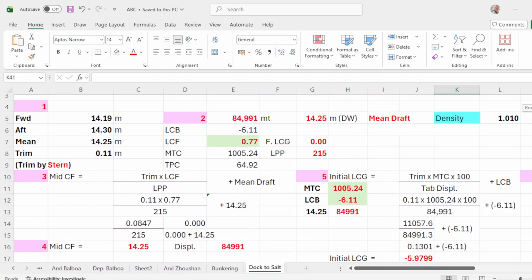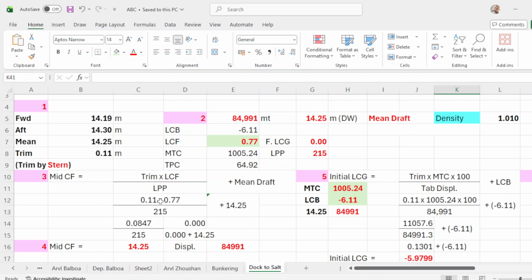The formula is trim times LCF over LPP plus your mean draft. Your trim is 11 times your LCF of 0.77 over LPP of 215 plus your mean draft of 14.25. Multiply these two, that will be 0.0847 over your LPP of 215, plus your mean draft.